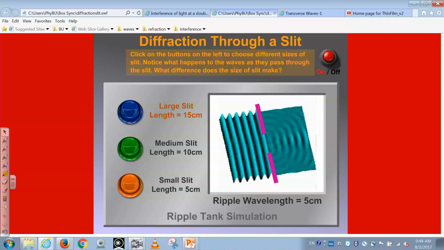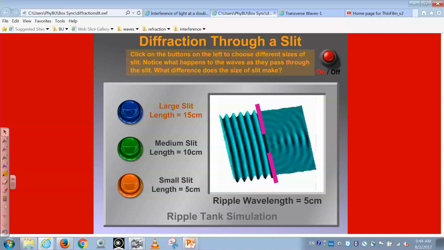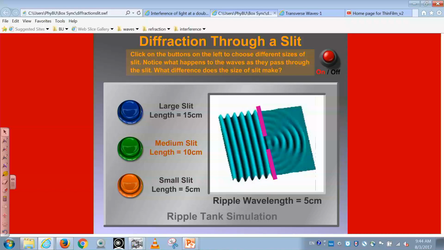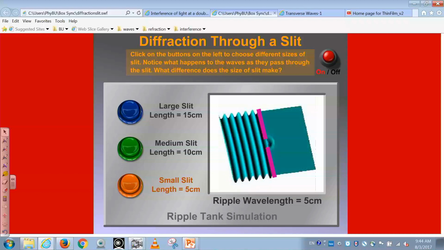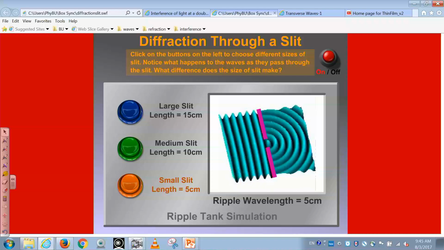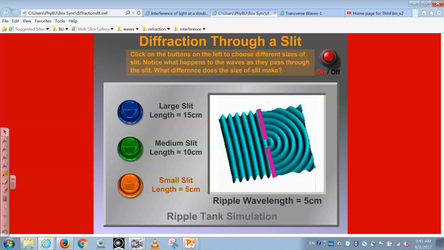But what's going to happen if we make the slit narrower and narrower? The bending about the edges will become more and more visible for a very small slit. And small means small enough. This size is very close to the size of the wavelength.